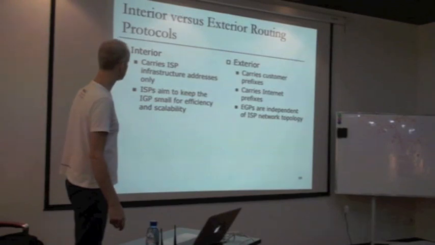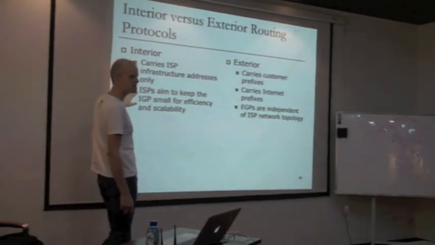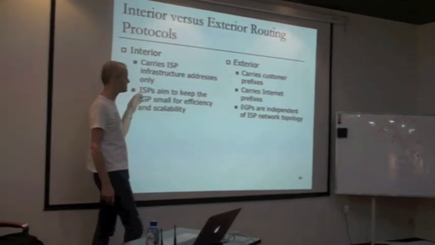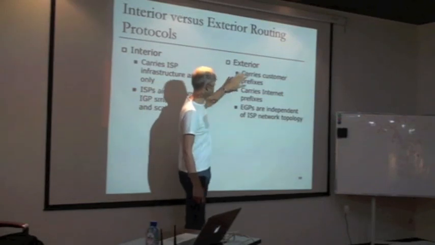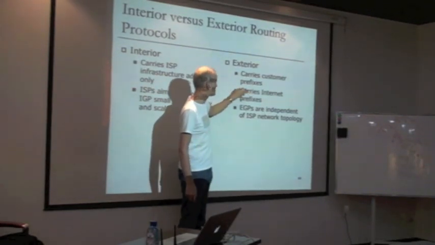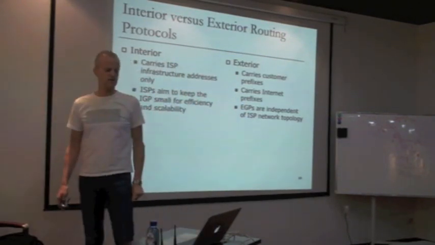Right, so ISIS carries the infrastructure addresses only. You keep ISIS as small as possible for efficiency and scalability of the network. Whereas BGP carries your customer prefixes, your internet prefixes, and of course the EGPs are independent of ISP network topology.